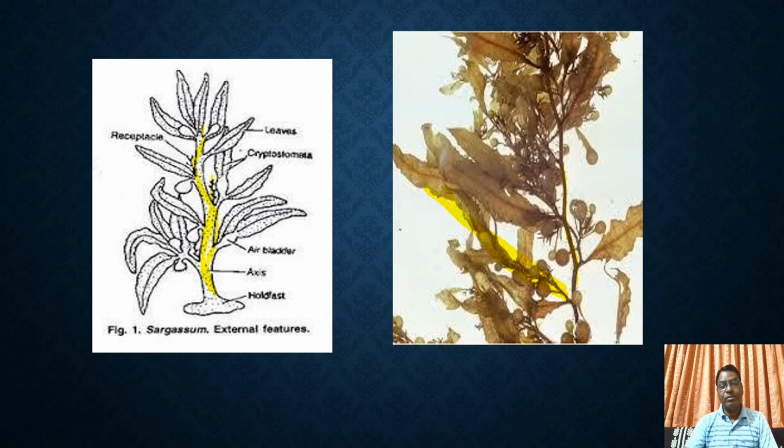The length of this branch as compared to here is limited. Here it is also limited. Here it is also limited. So these are called short branches, but these short branches are highly flattened, and these highly flattened structures apparently look like leaves of angiosperm.